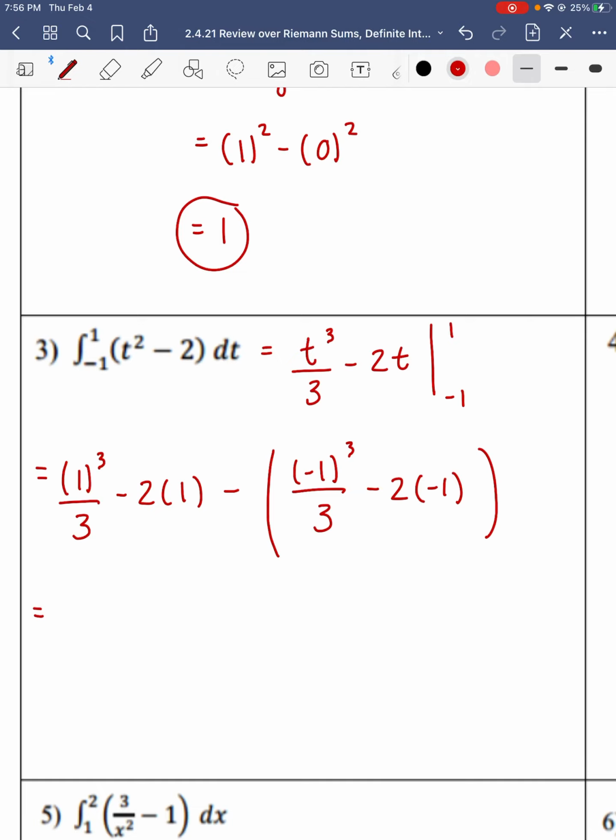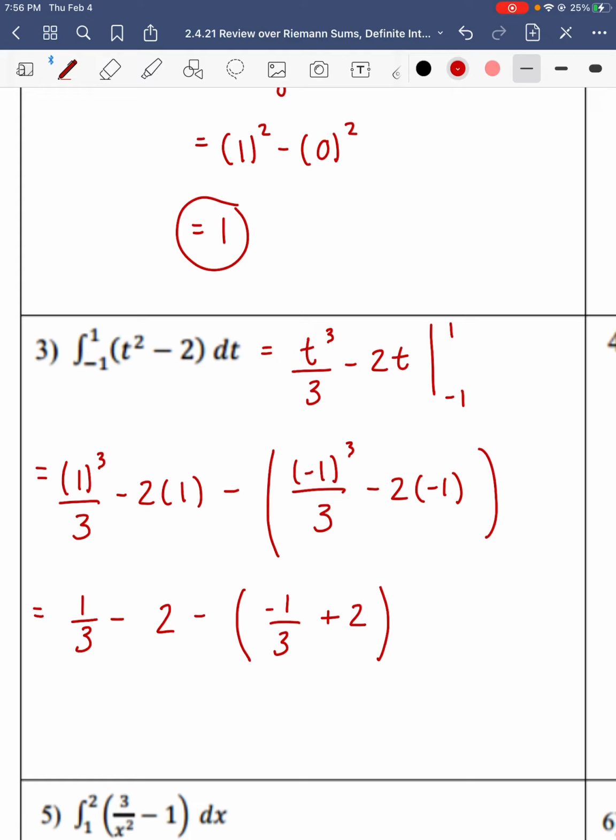So the first part's going to become 1/3 minus 2 minus -1 cubed is -1, so -1/3 plus 2.